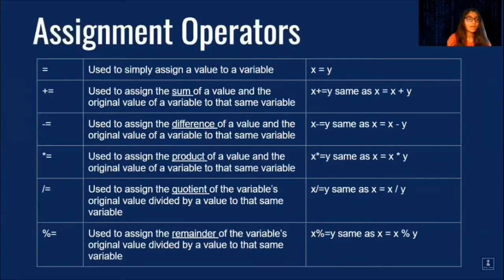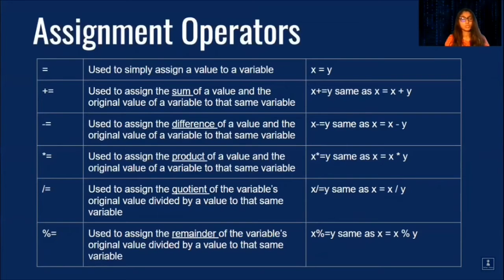When we look at plus equals, this means that the variable x will now contain the value of x plus y. And then we go on to minus equals. Minus equals means that the variable x will now contain the value of x minus y. In the same way, asterisk equals, which is multiply equals, means that the value of x will now be x equals x times y.